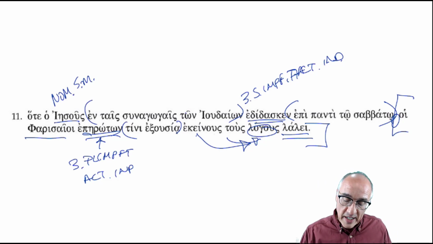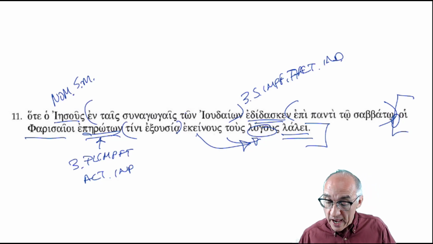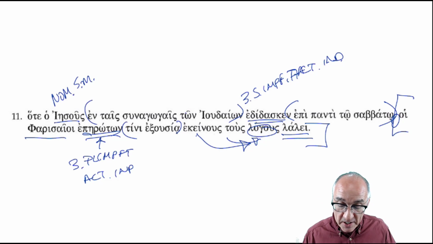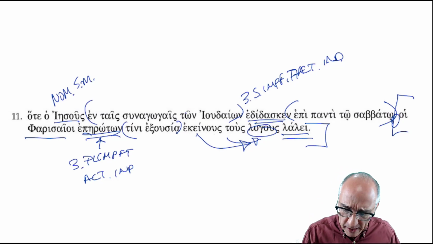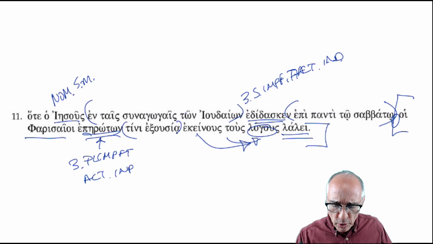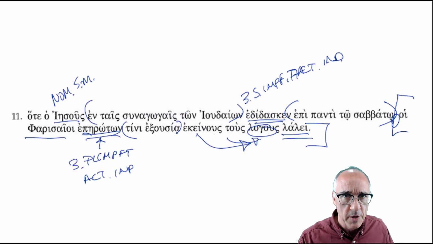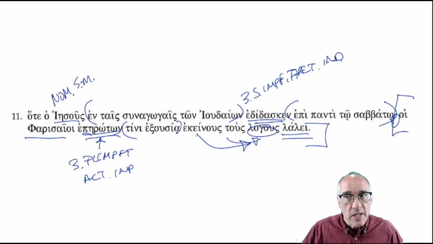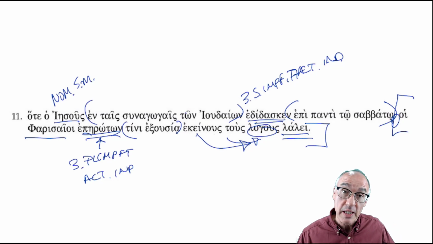So, when Jesus in the synagogues of the Jews was teaching every Sabbath, the Pharisees were asking, by what authority those words he was speaking. How's that? And notice, I kind of stuck with the word order of the Greek.